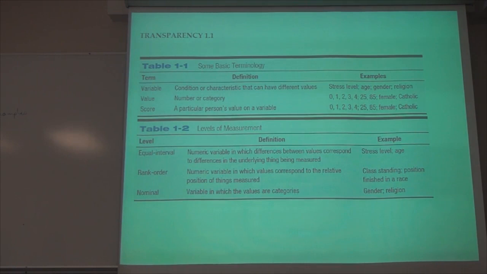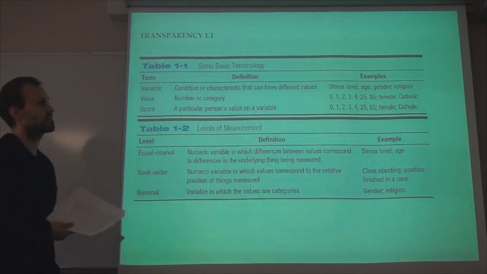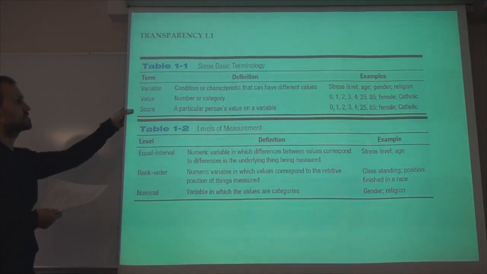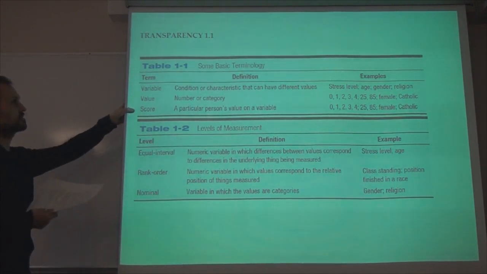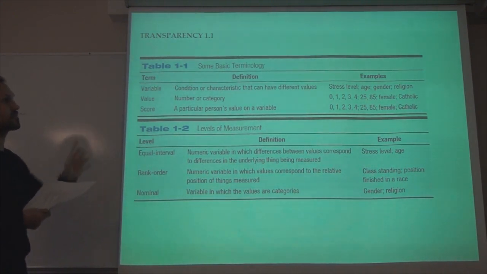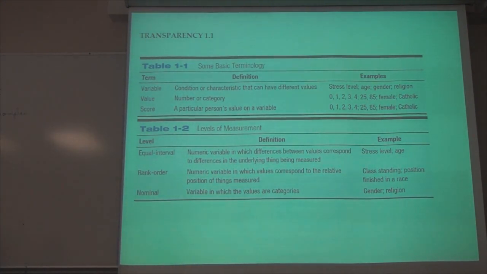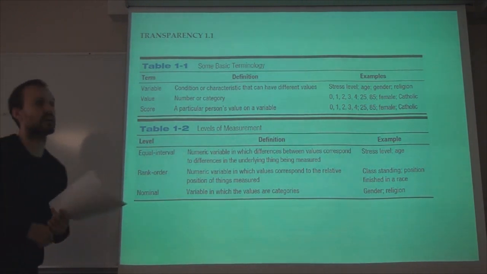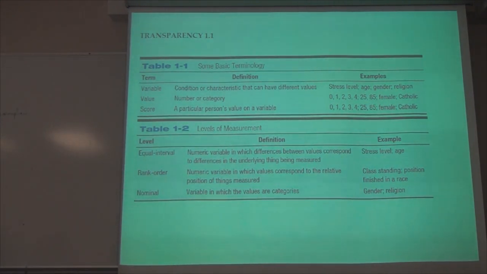When I now actually look at a specific individual, their age value or their stress level, whatever the variable is, just to separate that from the idea of a value, we'll call that a score. So that's when I look at a specific individual. Their value is called a score. A particular person's value on a variable, whatever I'm investigating.